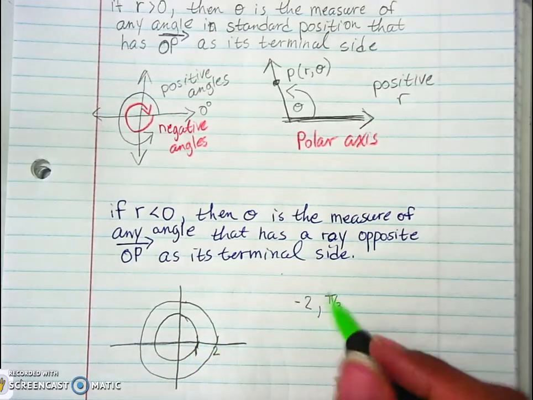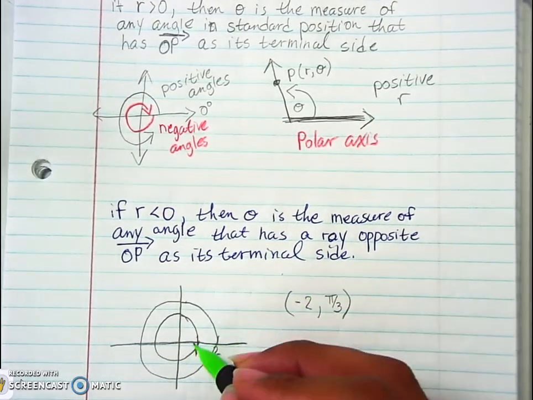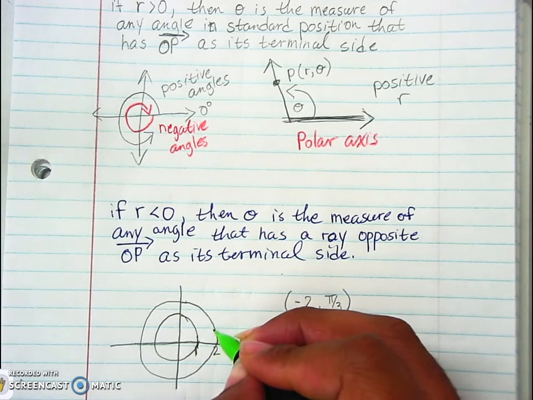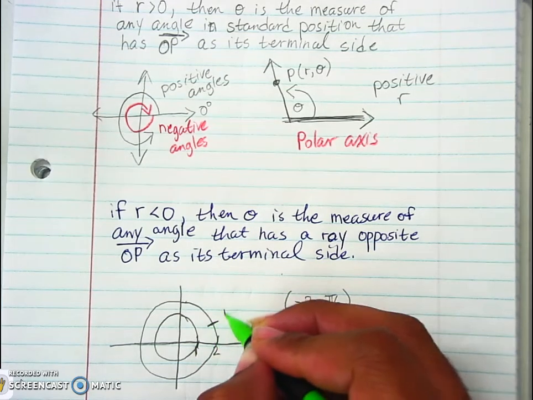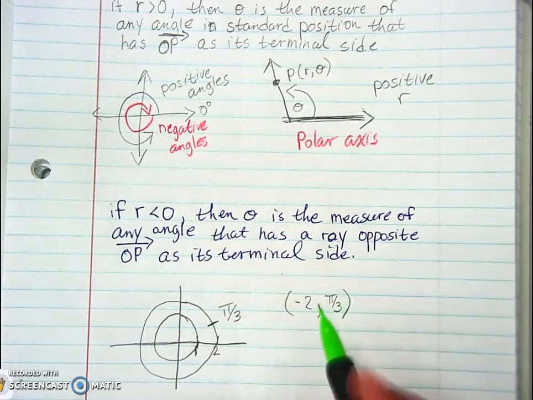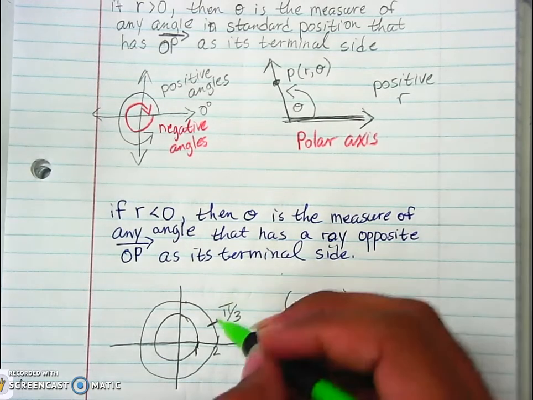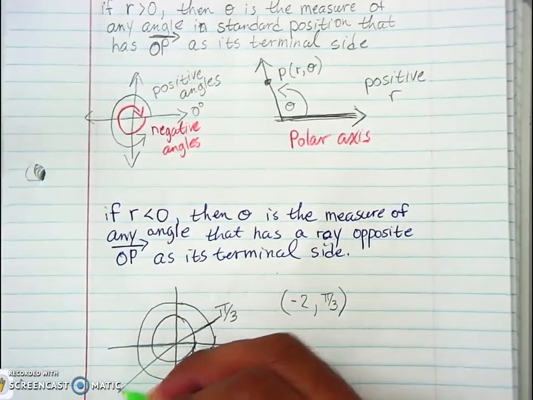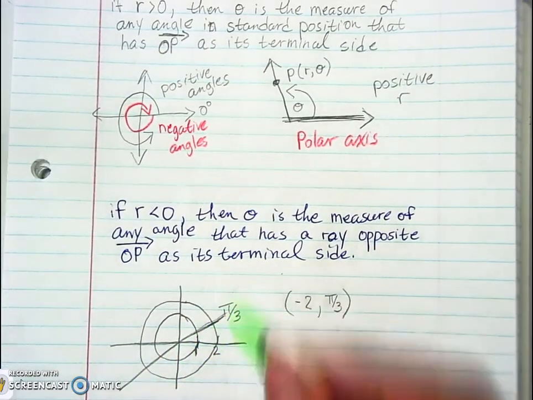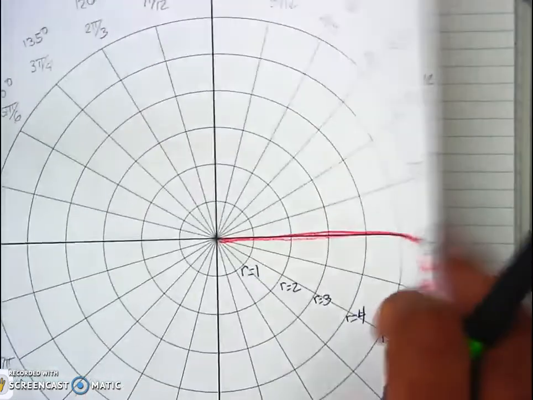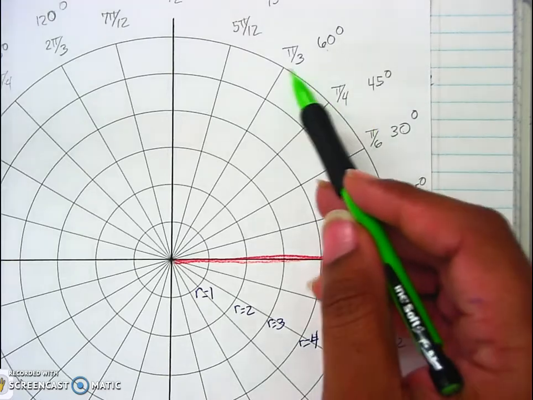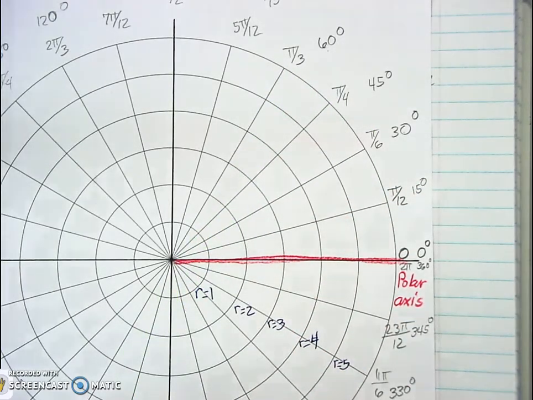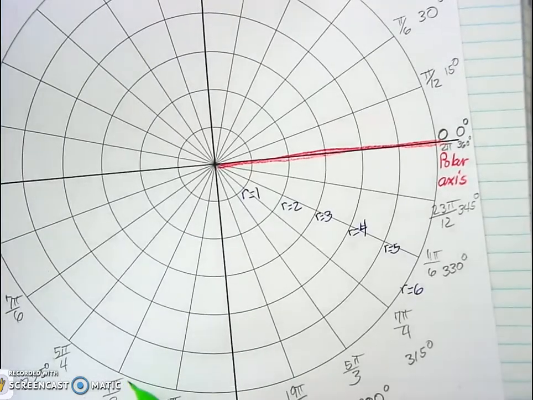But if it's negative, and then we have this here. So we will kind of come over to 2, and we'll come over to pi over 3. But because r is negative, and again, you'll have the line that comes across like this. Because remember your circle here, we have pi over 3 right here, and then there's a line that comes all the way across the other side here, and that's like 4 pi over 3.